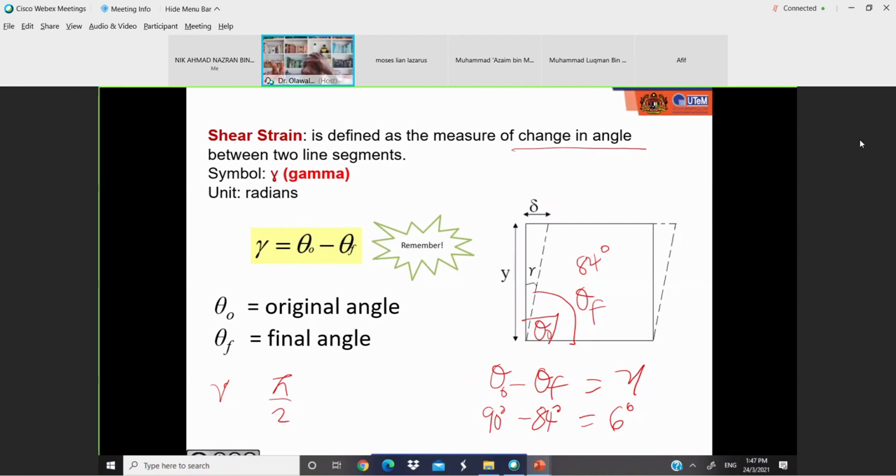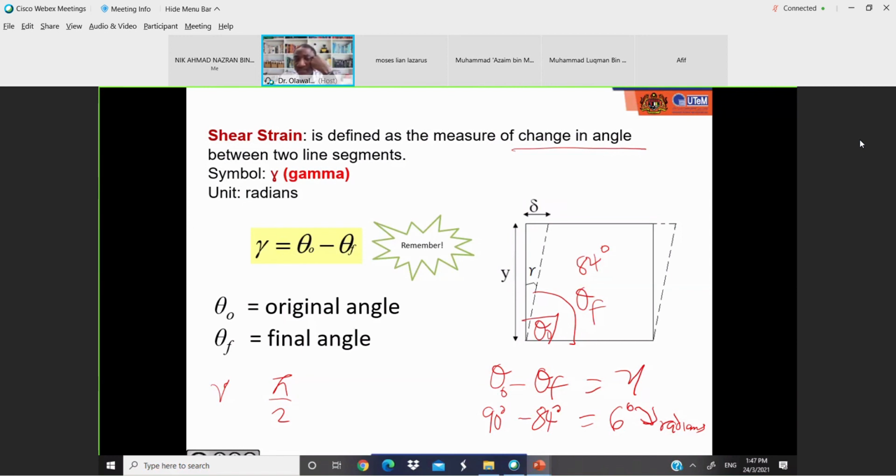For shear strain, there is a unit. But we don't use degrees. You convert your degrees to radians. So for shear strain, your unit is radian. For normal strain, there is no unit. For shear strain, there is a unit. So you convert your degree to radian.